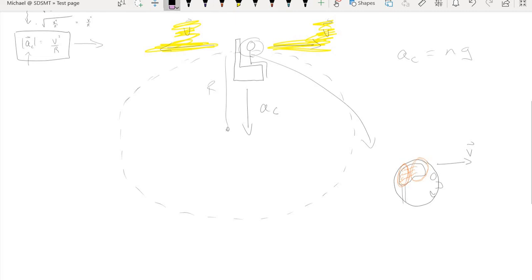Whereas if you travel backwards, so now we travel backwards. Well, now the opposite happens.